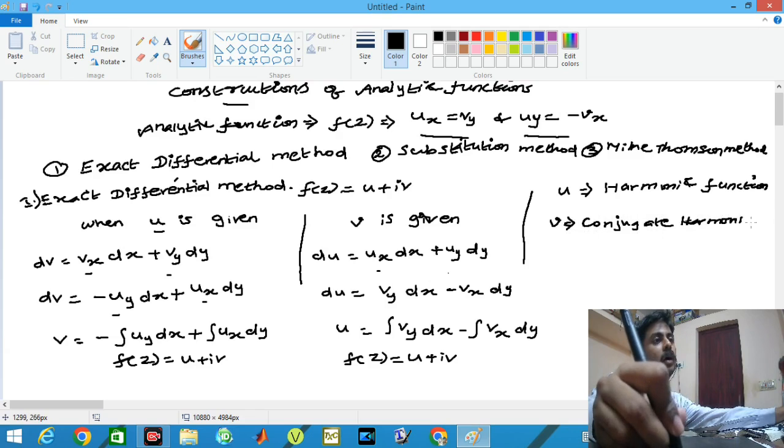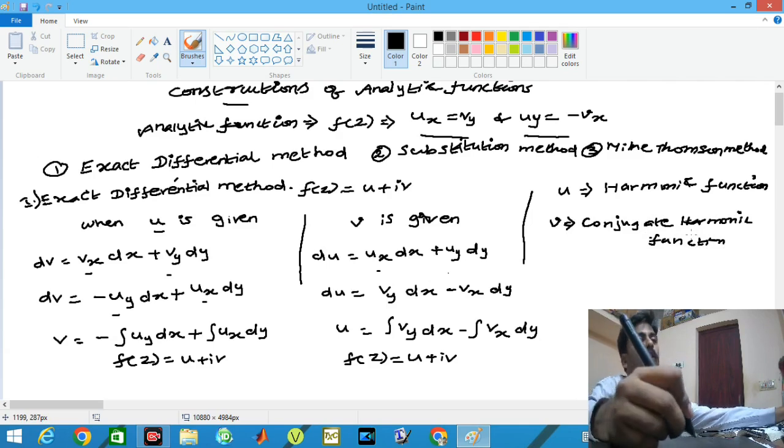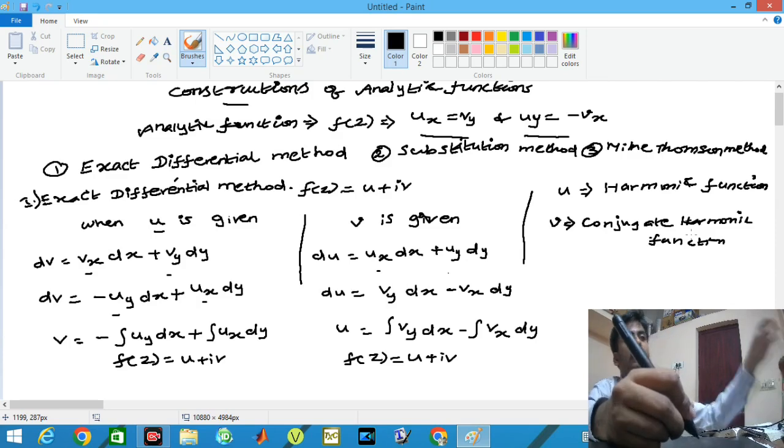But in the same way, when v is harmonic, it is not necessarily true that u is its conjugate harmonic. There are some properties, and we shall discuss those properties later.